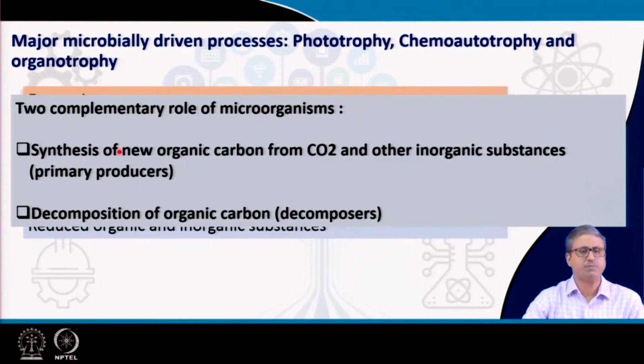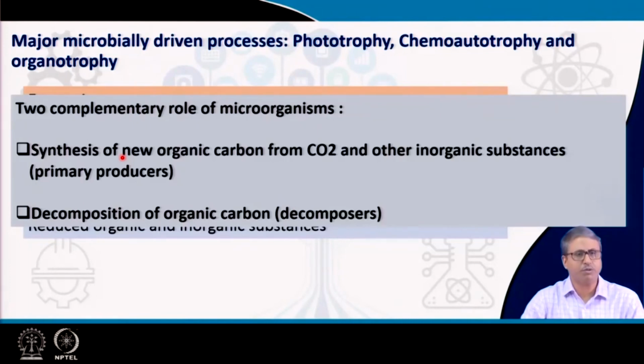These are the autotrophic organisms: mostly photoautotrophic microorganisms in surface environments, while in subsurface environments or caves where sunlight cannot penetrate, chemoautotrophs predominate. So, they are the primary producers.